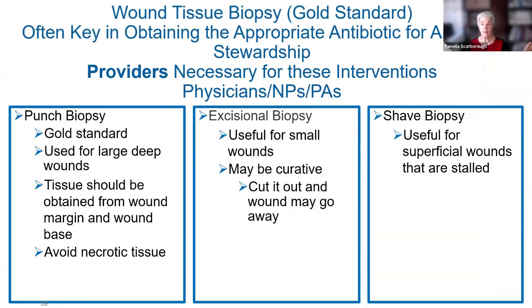In the meantime, you've taken a culture. The gold standard is a punch biopsy or a tissue biopsy, where you take viable tissue, never dead, never necrotic, and figure out which drug the bacteria are susceptible to. You want the right drug for the right bug, for the right person, for the right amount of time, and that requires a biopsy.